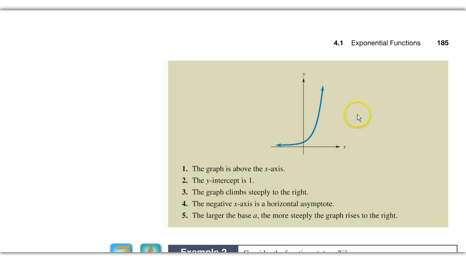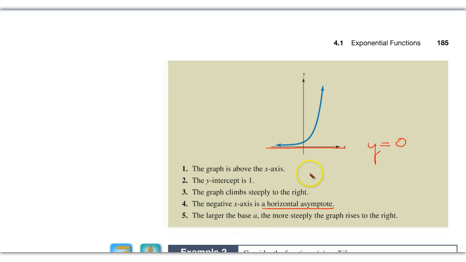And we didn't mention this, and I certainly want to, that the x-axis is actually your horizontal asymptote that we talked about last section. That this gets closer and closer to 0, but never reaches it. Remember, the equation of the x-axis is y equals 0.